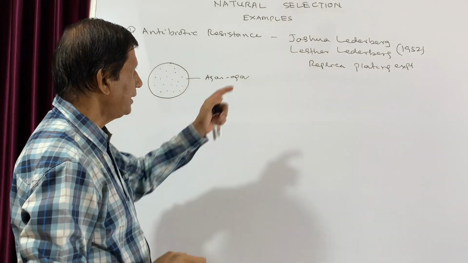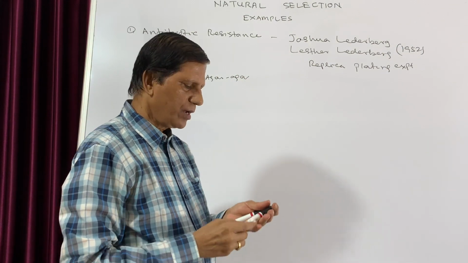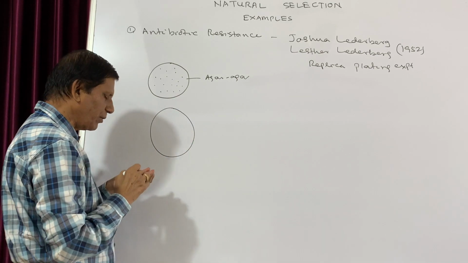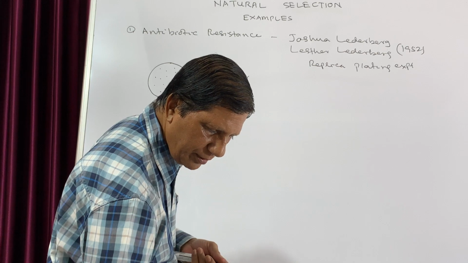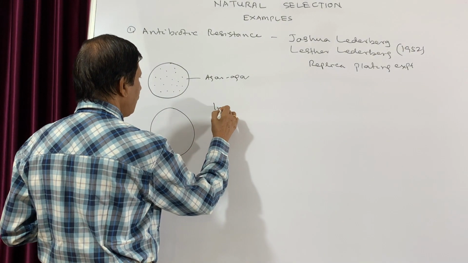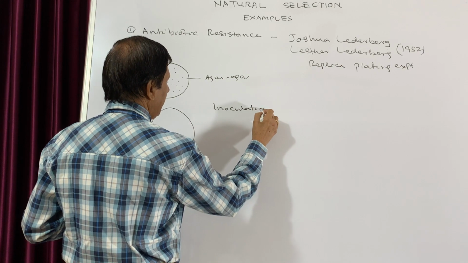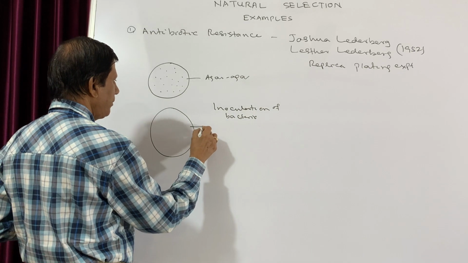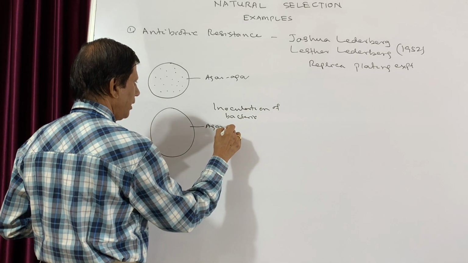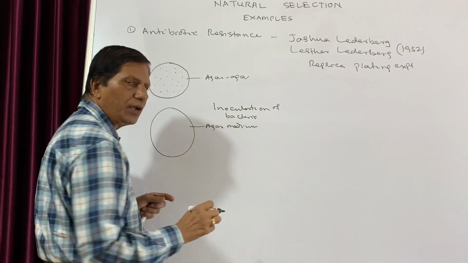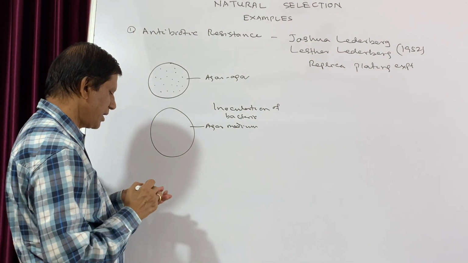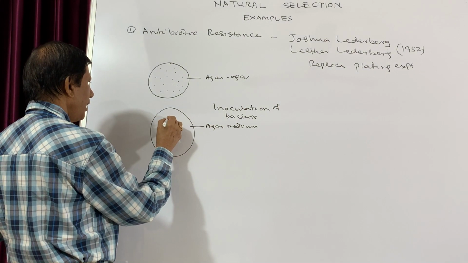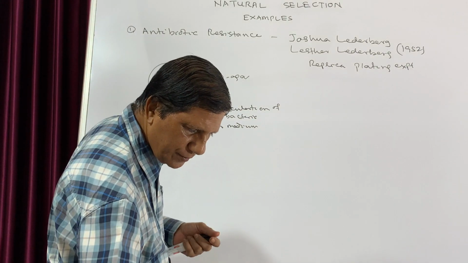So what did these two scientists do in their experiment? Now in one plate, they inoculated bacteria. In this medium, which is also agar medium containing all the minimal requirements, they inoculated the bacteria at different points.